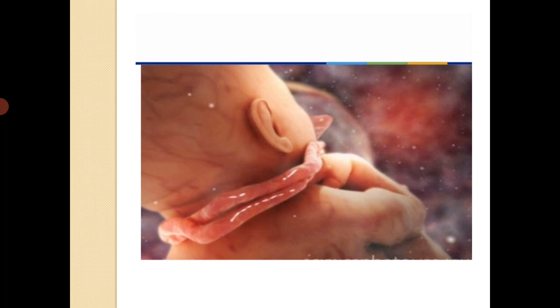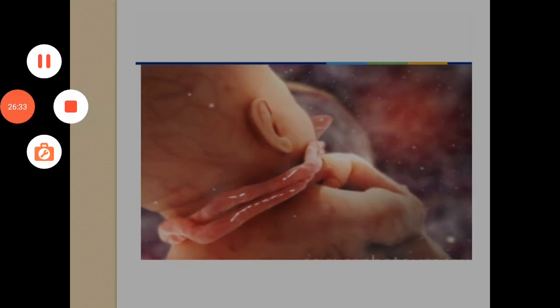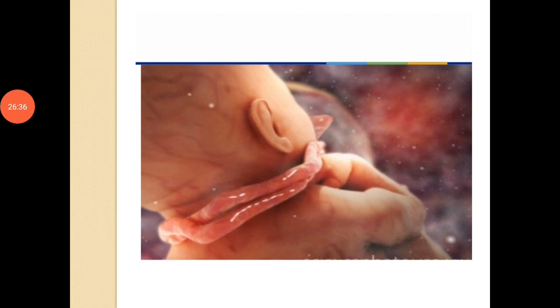This is the loop of cord. The average length of cord is 50 to 55 centimeters, as we all know, but if the cord is longer, measuring about 100 centimeters, it will become looped.